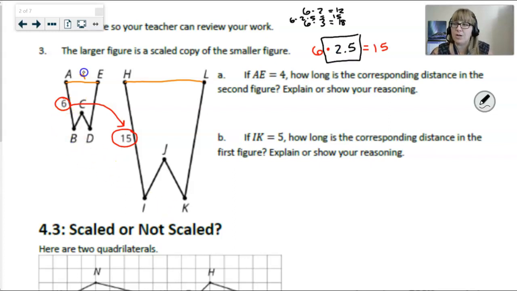So if this is 4, can we multiply by that same scale factor of 2.5 here, even though this distance isn't part of the figure? And the answer is yes. 4 times 2.5 is going to be equal to 10. So it says show or explain your reasoning. We showed our work here, but it's still probably worth mentioning. What we did is we used the existing information to find the scale factor.